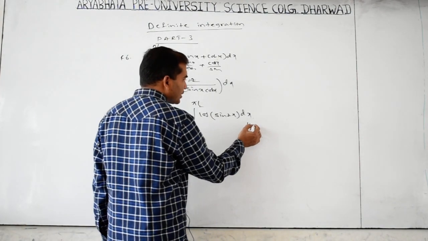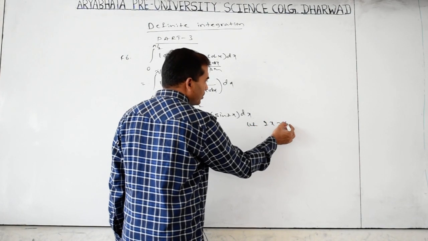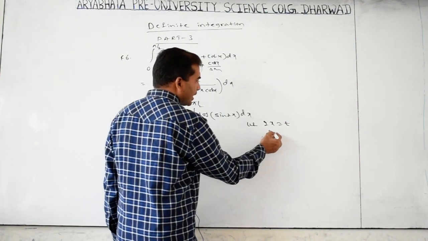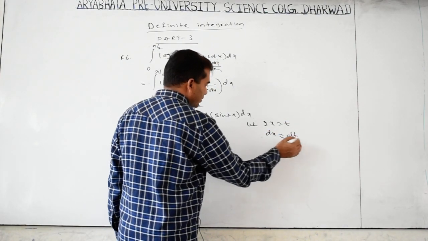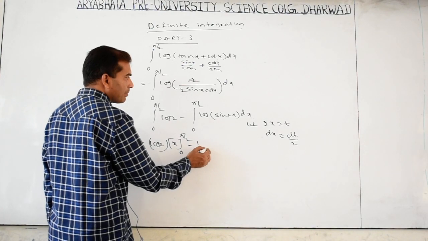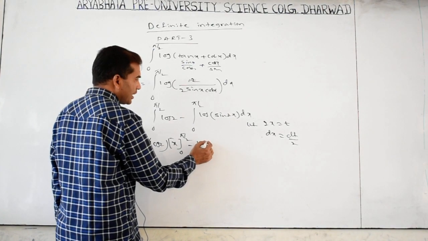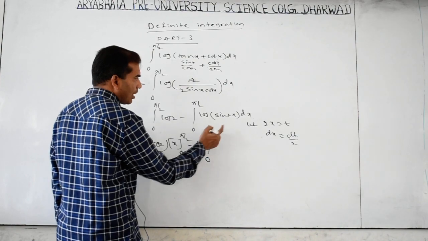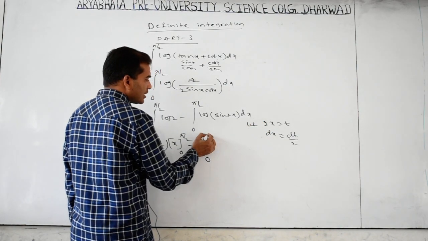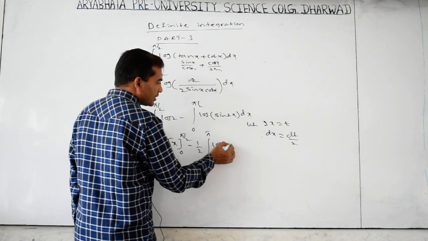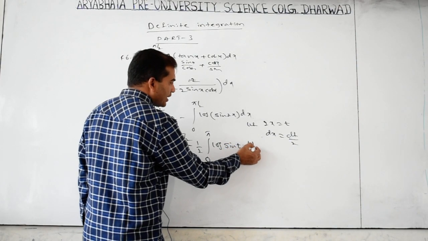Here let sin 2x equal to t, then dx is equal to dt by 2. So we will get here minus 1 by 2 dt by 2, integration, lower limit is 0, upper limit x is equal to pi by 2 means t is pi, of log of sin t dt.